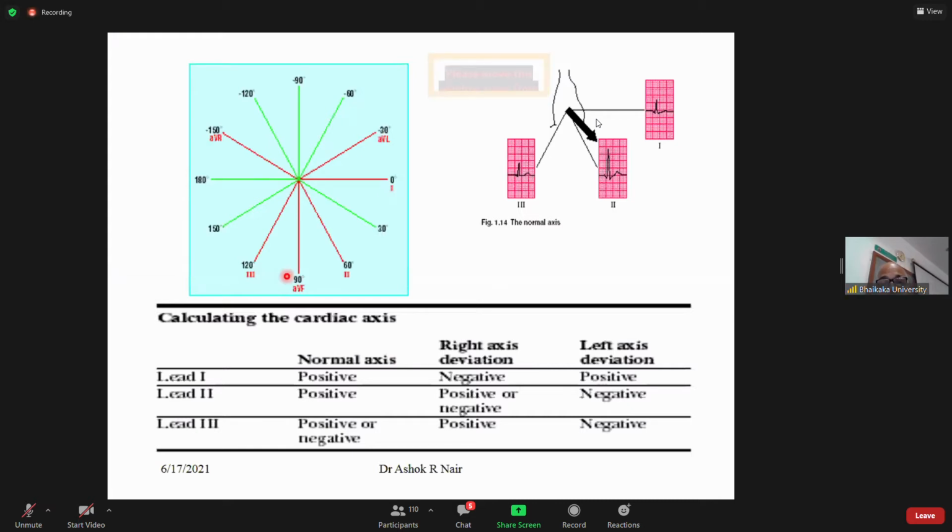Now, this is a shortcut way of finding an axis. There are many methods by which you can find whether the axis is left axis deviation or right axis deviation. First, let us look at the correct method. We'll come back to this slide again.